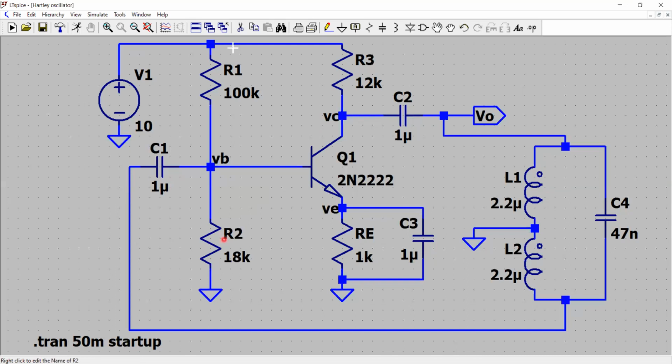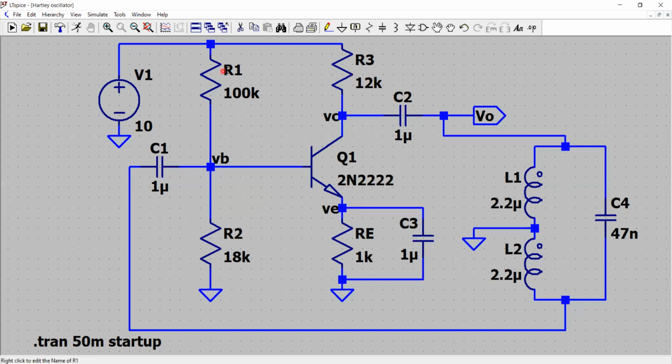R1 and R2 are the voltage division biasing scheme that I have used to set the DC operating point of this circuit, that is VB, the voltage at the base pin, and the voltage at the emitter pin. There will be a 0.7 volt drop between VB and VE, between the base pin and the emitter pin. You have resistance RE in the emitter and resistance R3 in the collector.